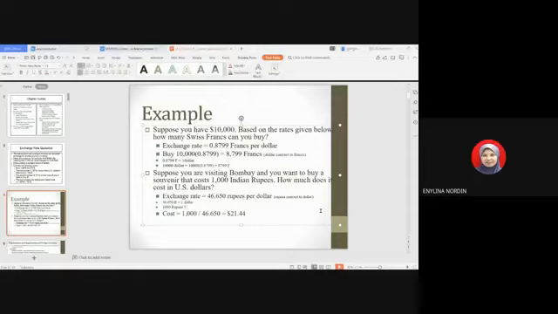You divide 1,000 rupees by 46.650 rupees, then you will get 21.44 dollar. So that is how it works, that is how you calculate or convert the currency.